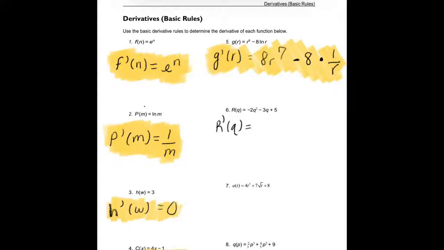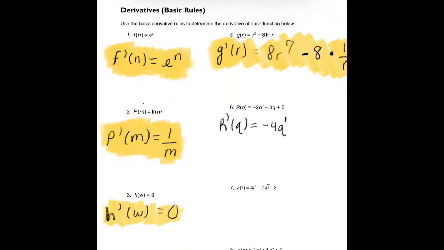So we're going to actually multiply negative 2 by 2, which will give us negative 4q to the 1. Remember, when we have an exponent, we use the power rule to subtract 1 from the exponent, which is why we have lowered our exponent from 2 to 1.